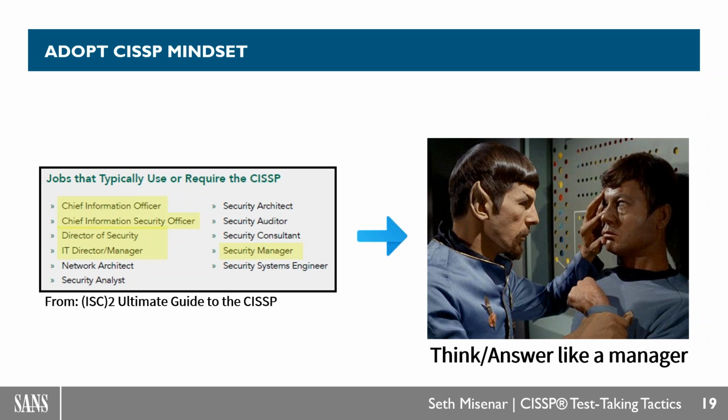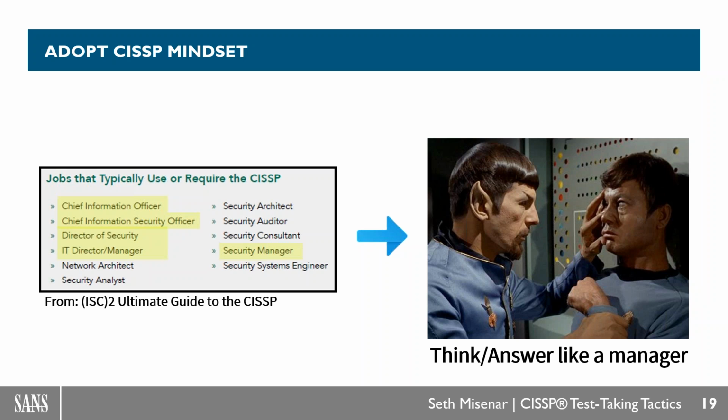But to me, the aspect that can help on the test is to realize and know in your bones that the CISSP is really, whether it says it or not, whether it's explicit or not, a security manager's exam. We use it in ways far, far removed from that. But even if you look at ISC squared themselves, ISC squared lists jobs that typically use or require the CISSP.